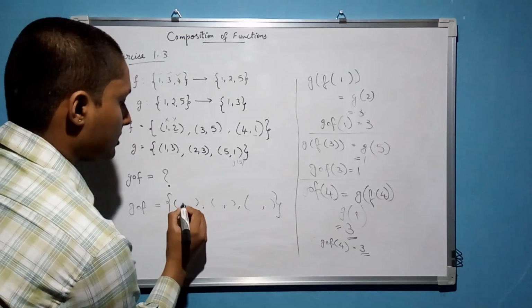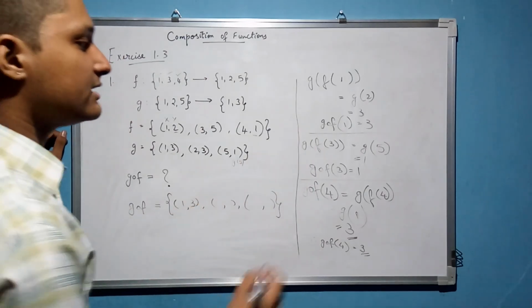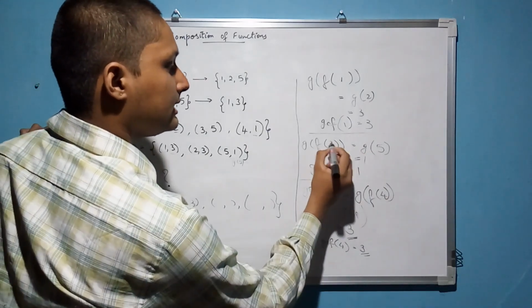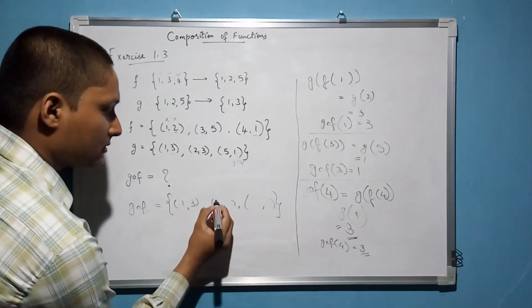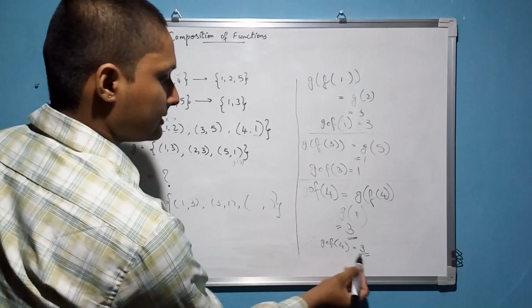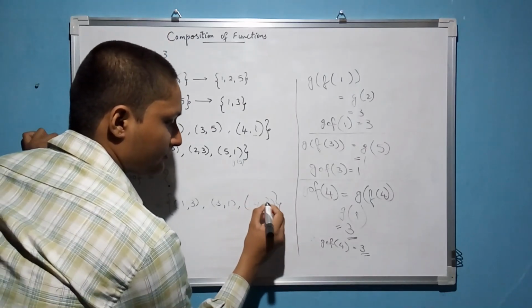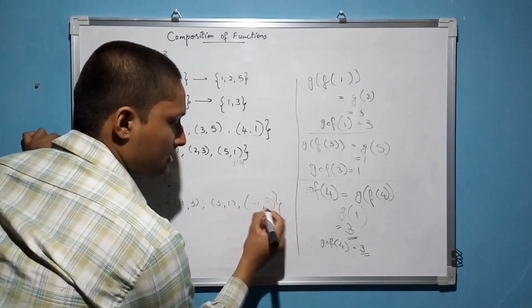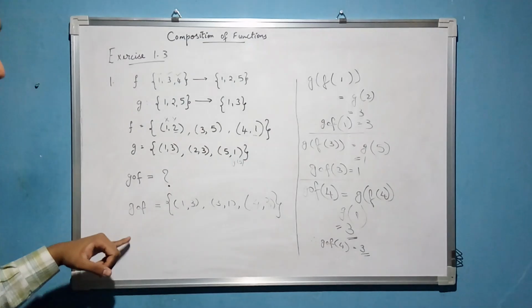That is 1, and the output you got is 3, so (1, 3) is the first one. Second one is (3, 1): 3 is the input and 1 is the output. When 4 is the input, 3 is the output: (4, 3). So these are the elements present in the function g dot f.